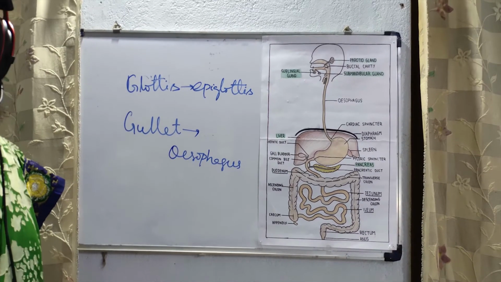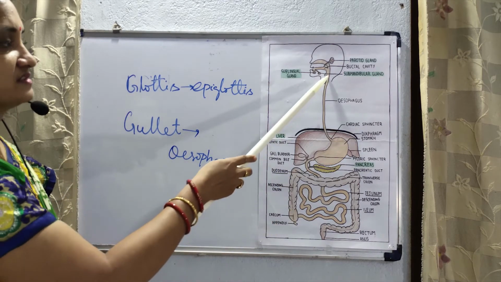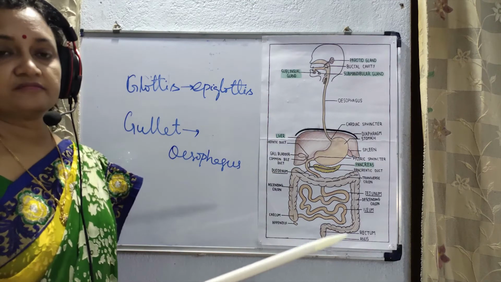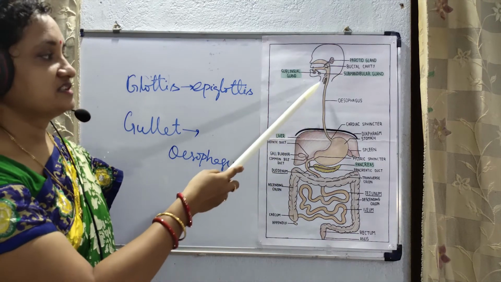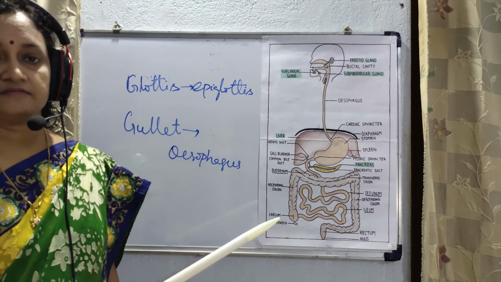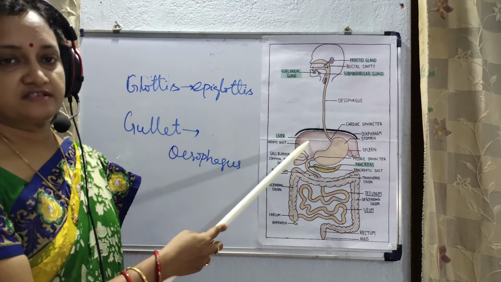How to describe the structure of the esophagus? The esophagus is a narrow and highly muscular tubular structure, and as it is highly muscular, the wall is supported by involuntary muscles. It helps in carrying out the process of peristalsis.